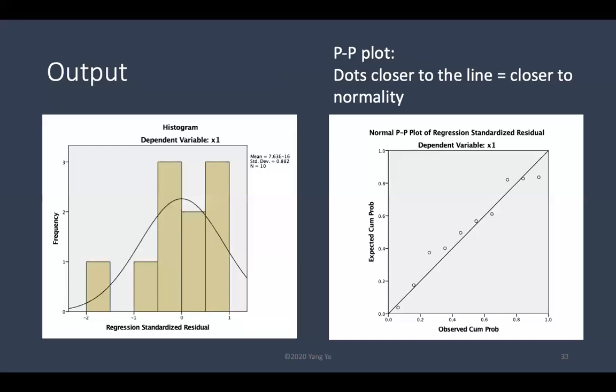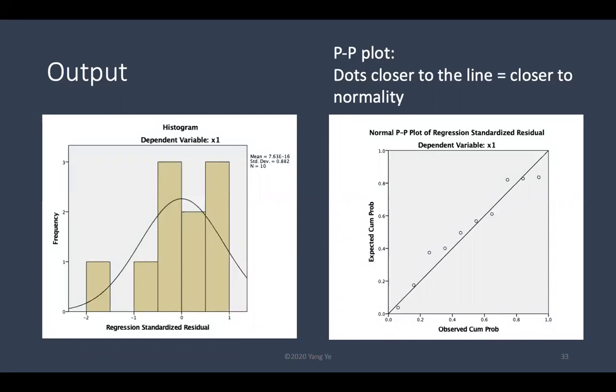Yeah, 10 observations, so it doesn't really tell us much. But ideally, the standardized residual should be normally distributed. At least it should be more symmetrically distributed. It is only when it's not symmetrical that it really shows some problem.